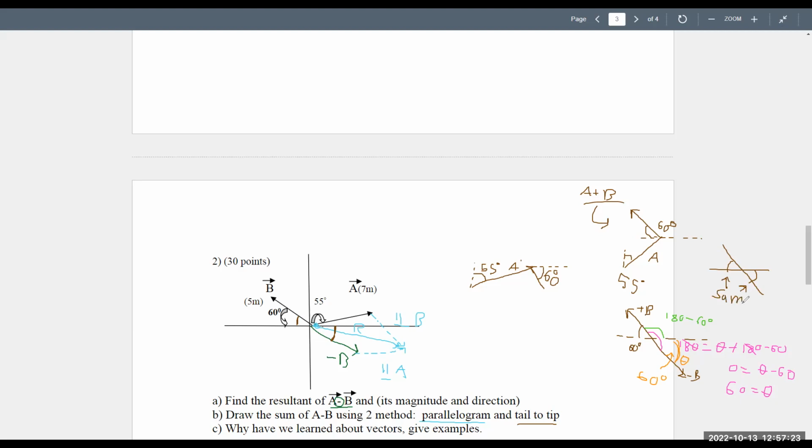But I know sometimes I really suck at remembering that sort of stuff. Anyway, so then you have the 60 degrees here, and you draw your negative B here. And then your resultant vector would go from here down to here. But you would draw it with the grid and then scale, and that gives you your two methods.